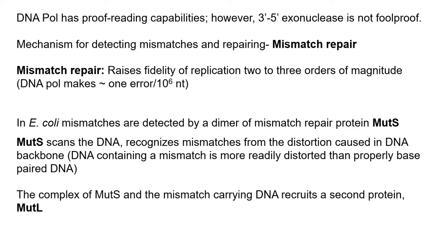When MutS finds the incorrect nucleotide, it will stop there. It will bind to that nucleotide, and this complex of MutS and mismatch-carrying DNA will recruit a second protein called MutL. This MutL then activates or recruits another protein, which is an endonuclease enzyme called MutH.